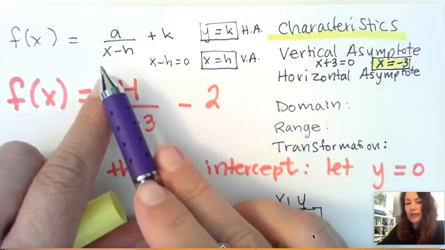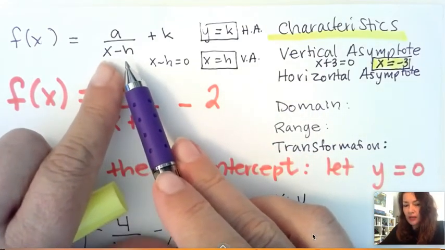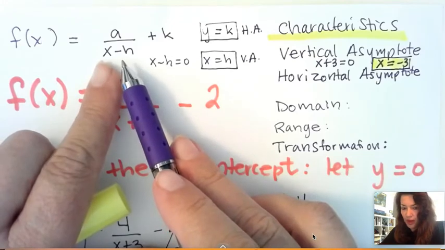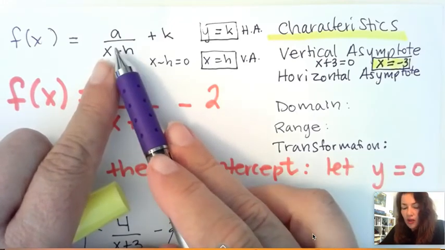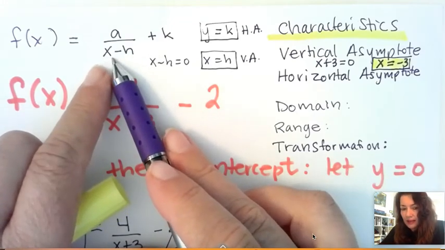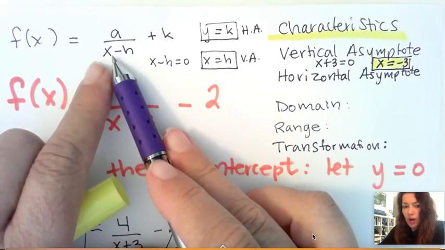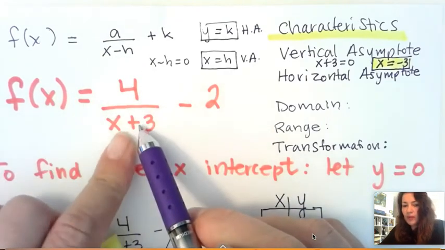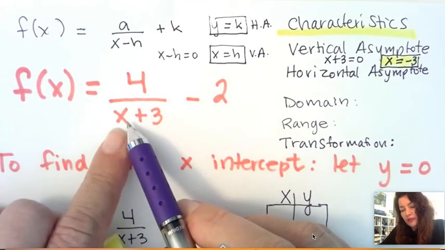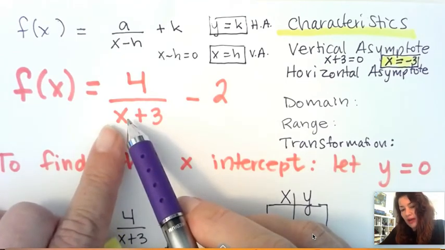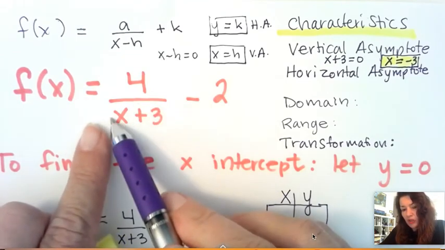So if we're looking at the domain, it is the set of all possible inputs for x values. So x can be anything. I could enter x to have any value except whatever would make this denominator 0.